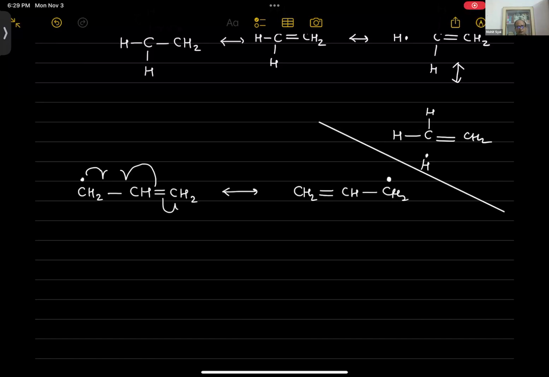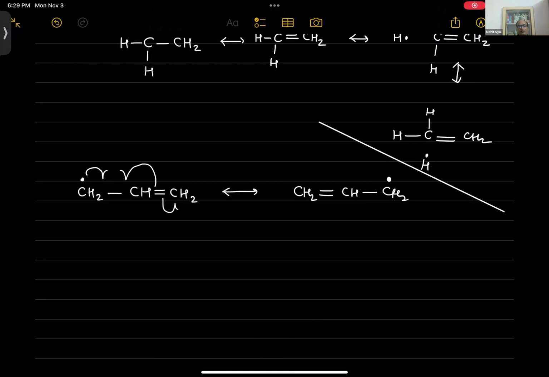And this is more stable than the above one. Why is it more stable? Because what effect are you observing? There is a pi bond, double bond. Yeah, this is the resonance.